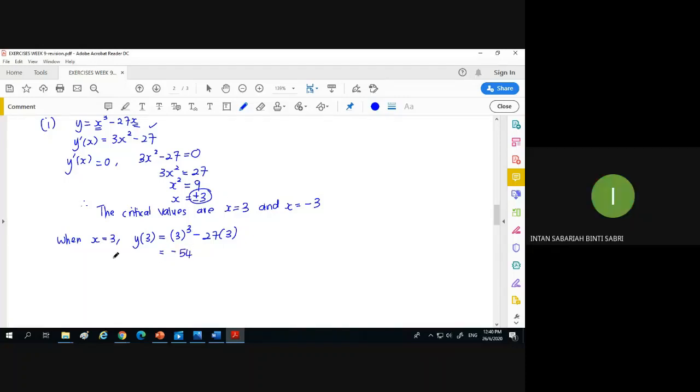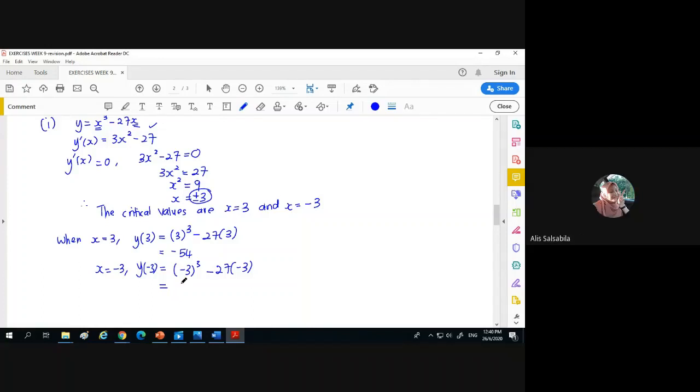Yes. Okay, and then we have another critical value which is negative 3. So y negative 3 equal to negative 3 cube minus 27 times negative 3. So negative 27. So ni apa? Positive 54.